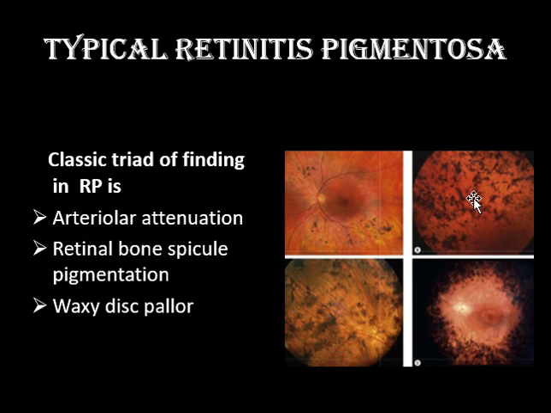This type of pigmentary changes, and there is disc pallor. So these three features are the classic triad of retinitis pigmentosa. To diagnose retinitis pigmentosa, you need to see arteriolar attenuation, retinal bone spicule pigmentation, and waxy disc pallor.